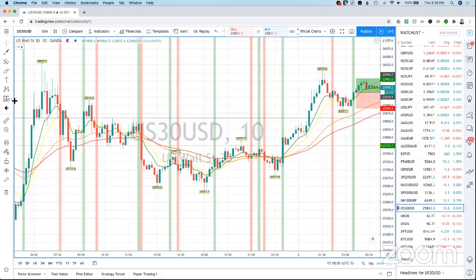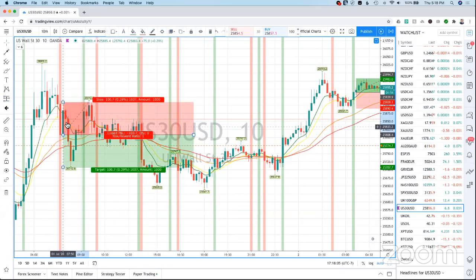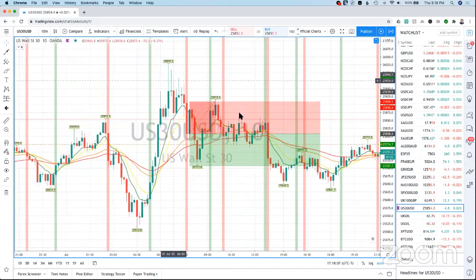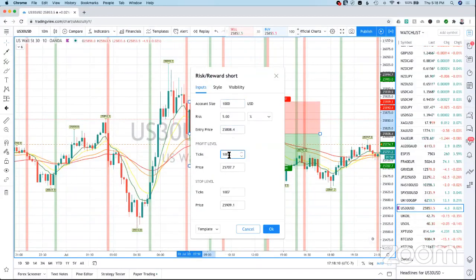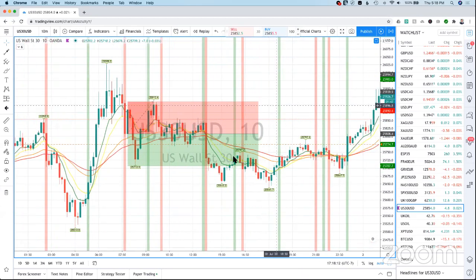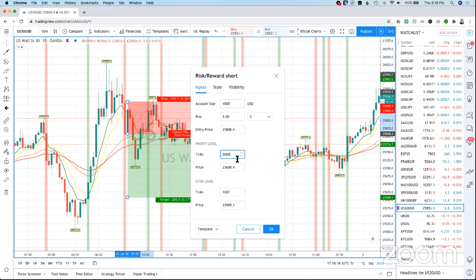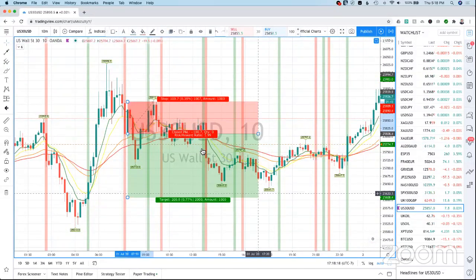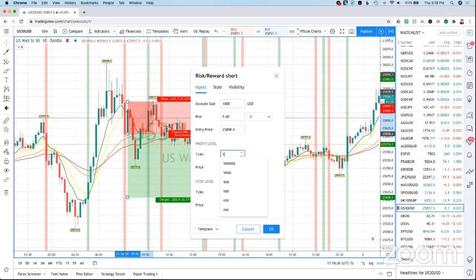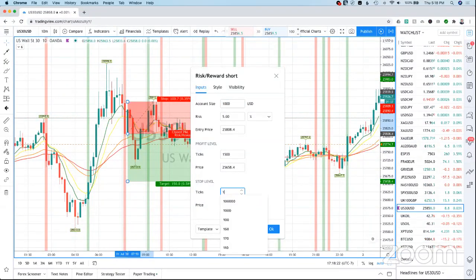Let me just line that up real quick. So we were in a sell. I think it was right here. I think it was like 2,000 pips, or maybe, I'm gonna eyeball it. No, because they didn't hit TP. So I think it was around 1,500.